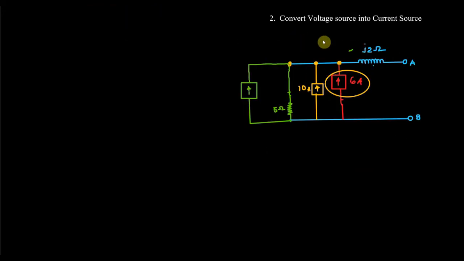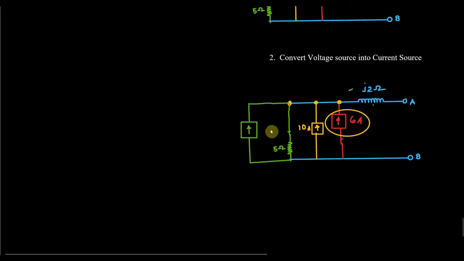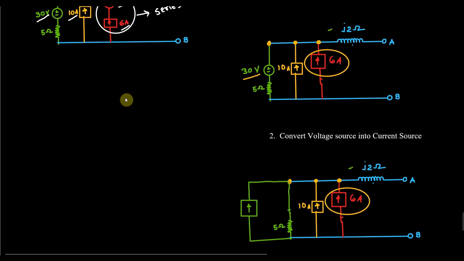After converting the voltage source into a current source, we will get this type of current source, and the resistance comes in parallel with the source. What will be the value of that current source? The value of the current source is I equal to the voltage, 30 volt, divided by the resistance, 5 ohm, so the value of current comes out here.